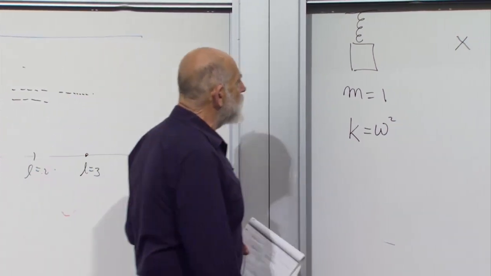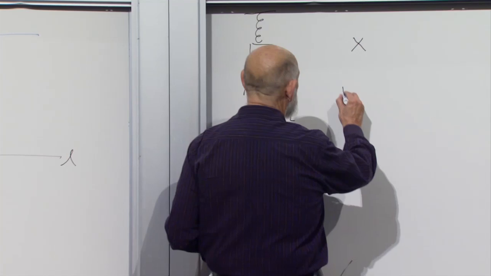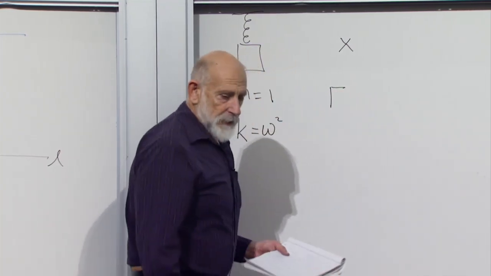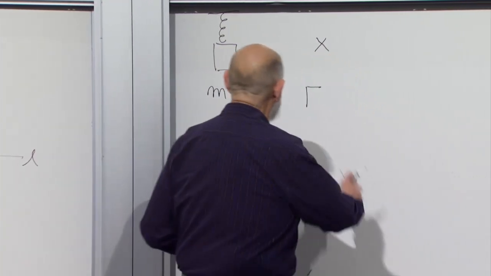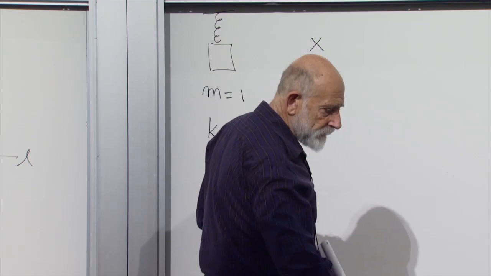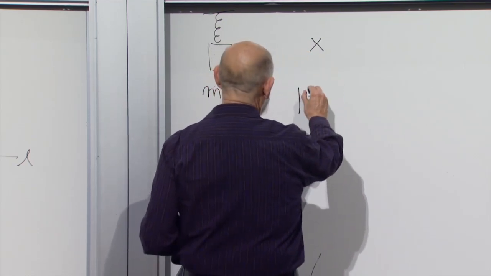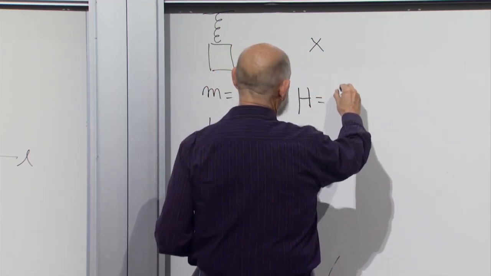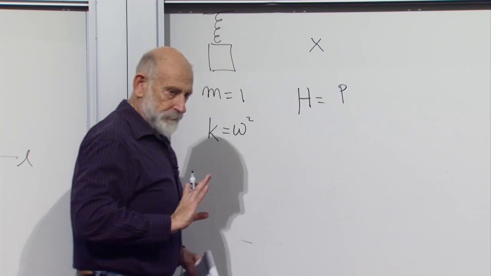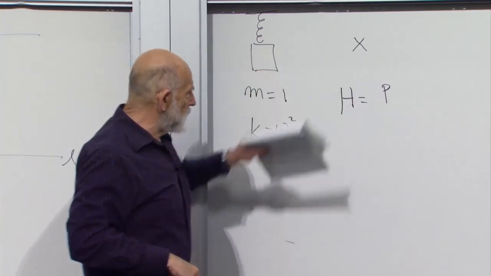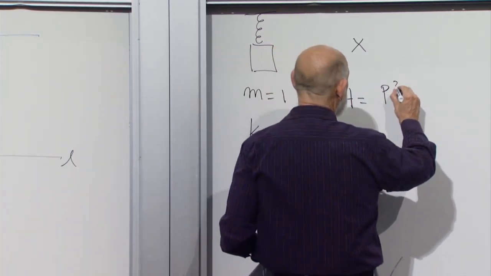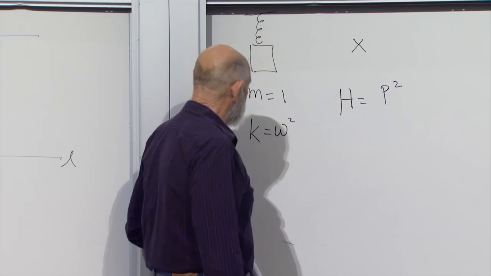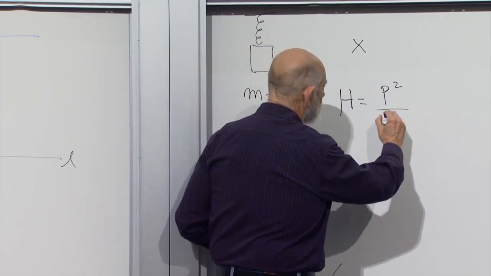What is the energy of a classical oscillator? The energy, or let's give it its name, the Hamiltonian. The Hamiltonian is the usual p squared. Now p is one-dimensional. It's just the x momentum, p squared over 2m. That means p squared over 2.